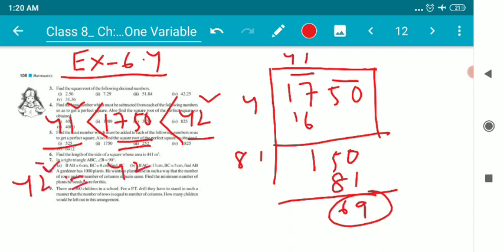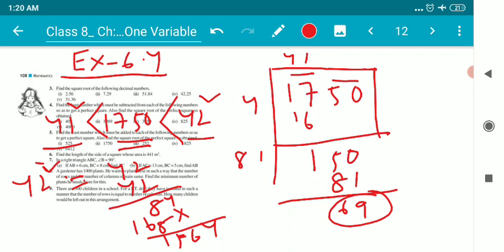So 42 into 42 results in how much? 1764. 1764 is the square of 42.